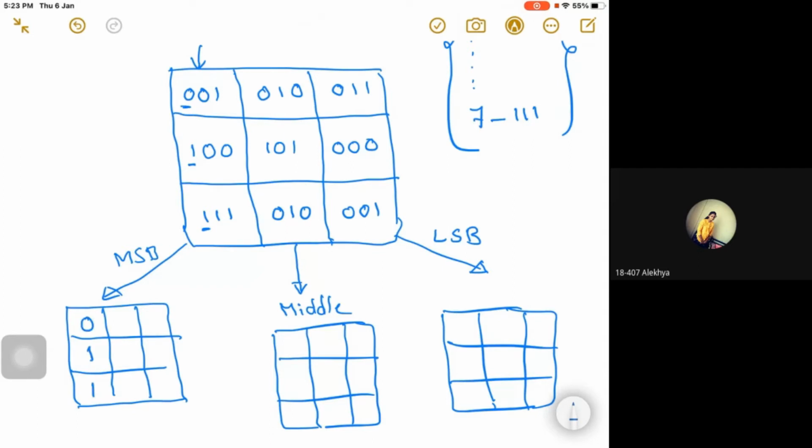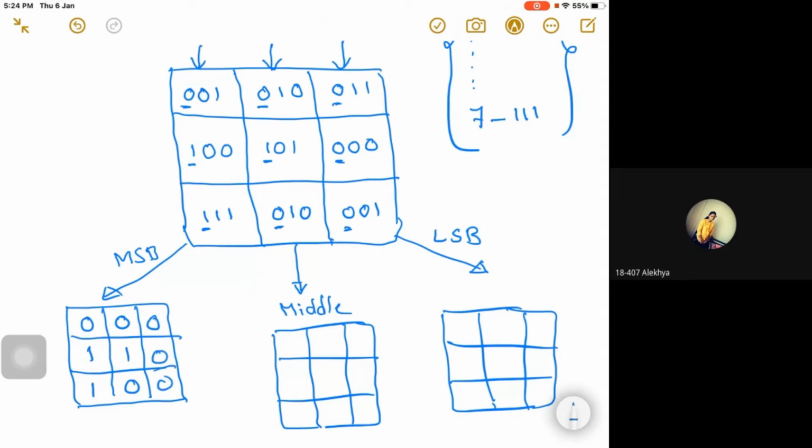And then for the second column, let's take the MSBs from the second column. What are those? 0, 1, 0. So write those here: 0, 1, 0. Then for the third column, what are the MSB bits? 0, 0, 0. So 0, 0, 0.